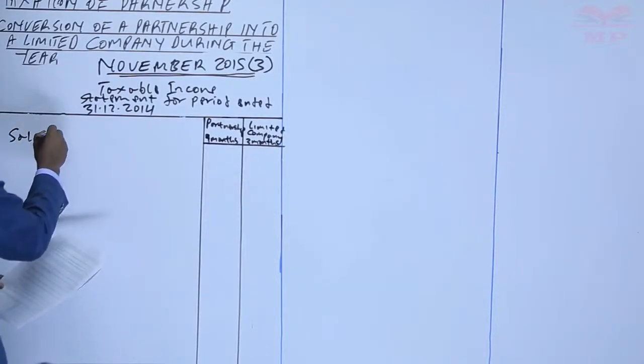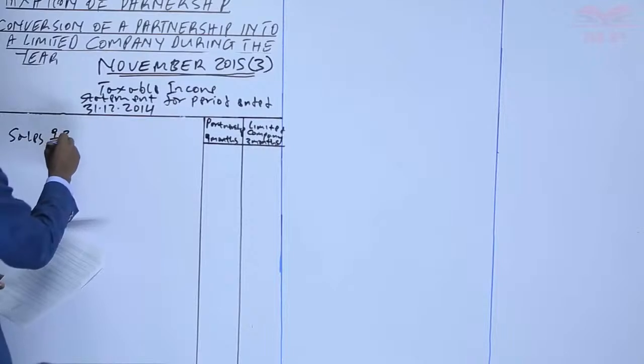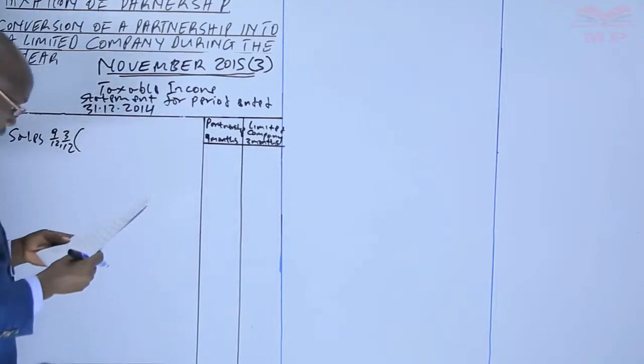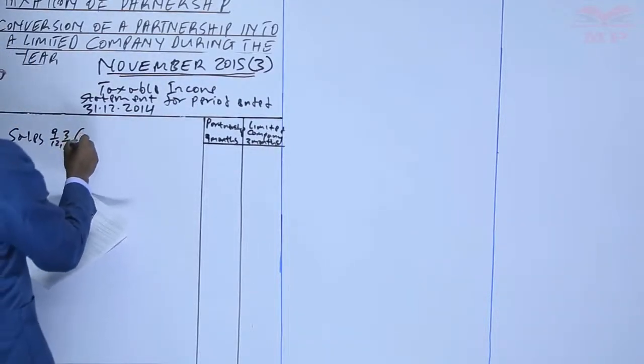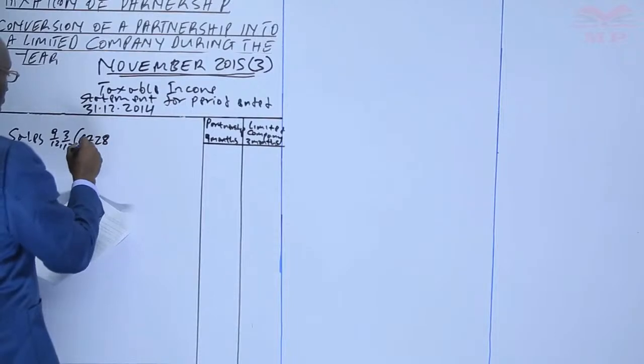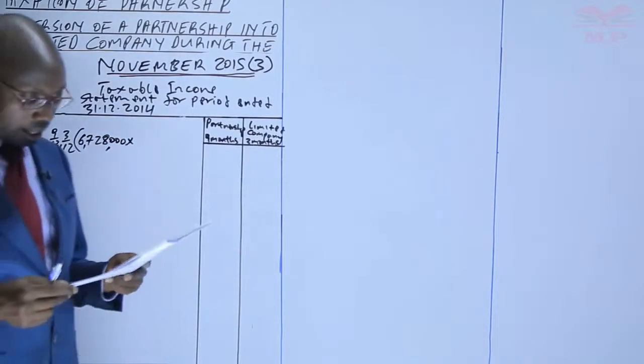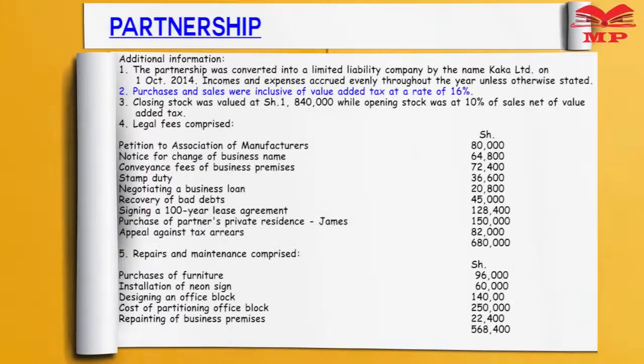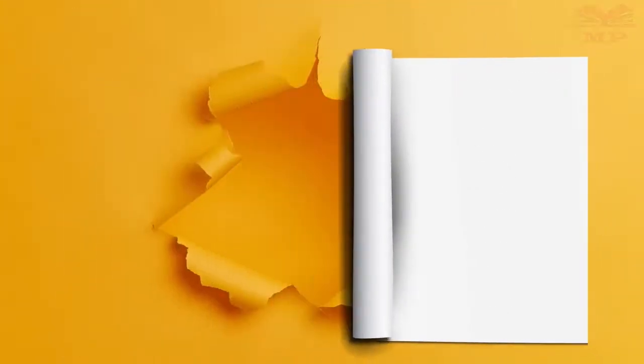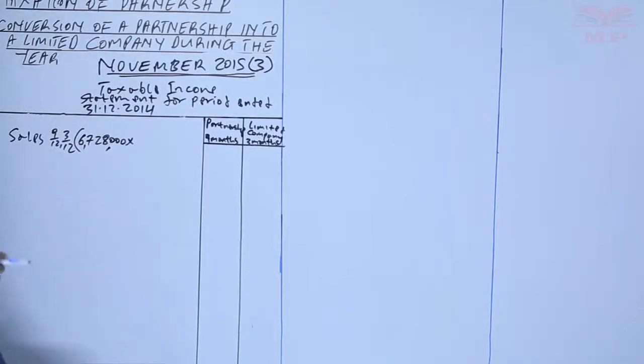So we take 9 over 12, 3 over 12 of the sales figure given, which is 6,728,000. But there's something that we are told about this sales. If you look at additional information number 2, we are told that the purchases and sales were inclusive of VAT at the rate of 16% where applicable. So that means this sales has VAT. So this sales is at 116%.